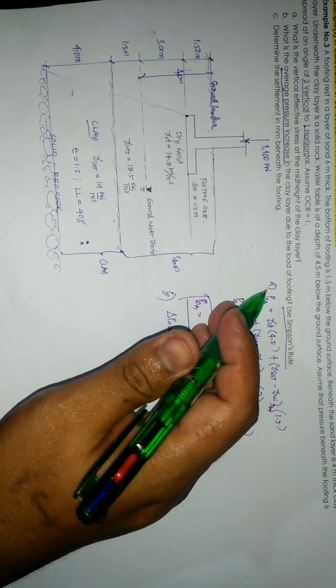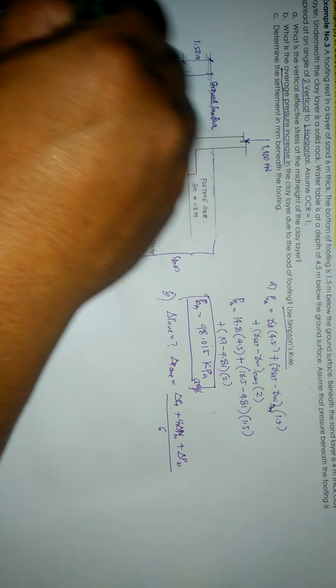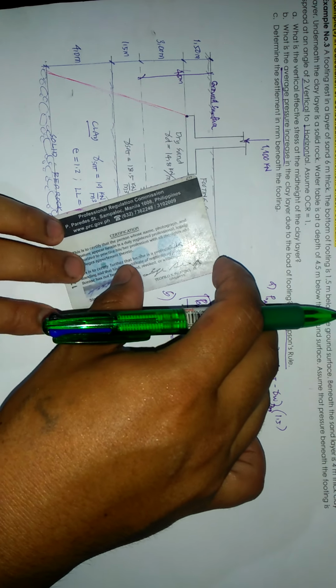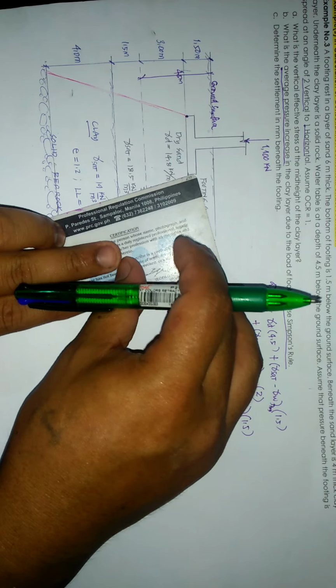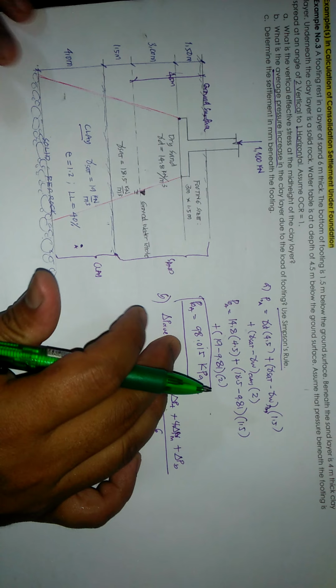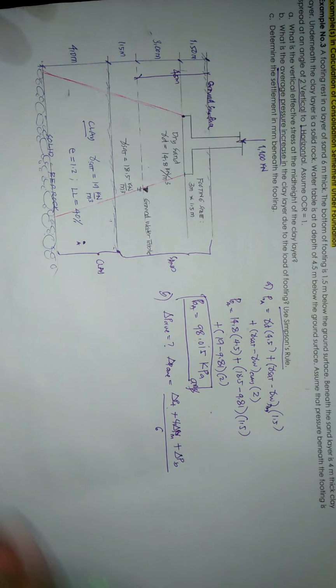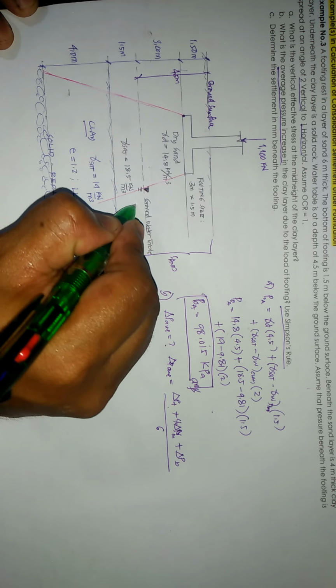Okay? So, let's assume ito yung pagbavary niya. Increasing varies parabolically. Okay, yan yun, di ba? Okay. So, take note. In this problem, nag-spread daw yung pressure natin at an angle of 2 vertical, 1 horizontal. So, mangyayari, ganyan siya.